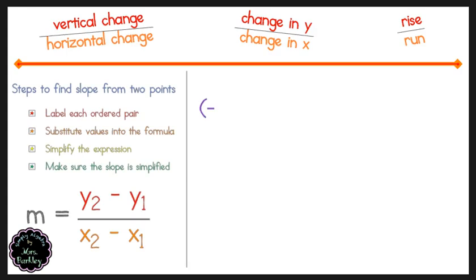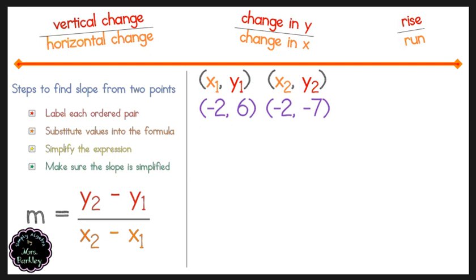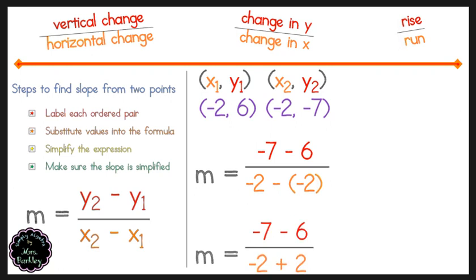And last one, if we have the points -2, 6 and the point -2, -7, when we substitute our values into the slope formula, our y sub 2 is -7 minus our y sub 1, which is 6. Our x sub 2 is -2 minus our x sub 1, which is -2. We can rewrite -2 minus -2 as -2 plus 2.